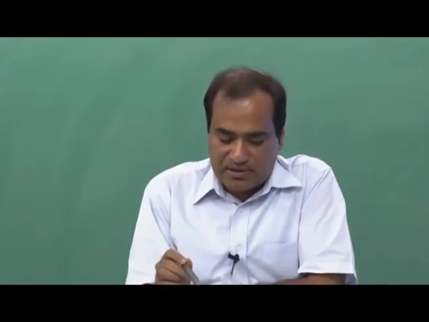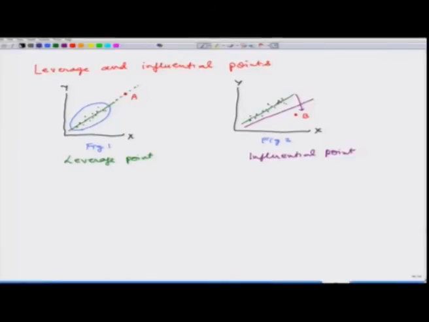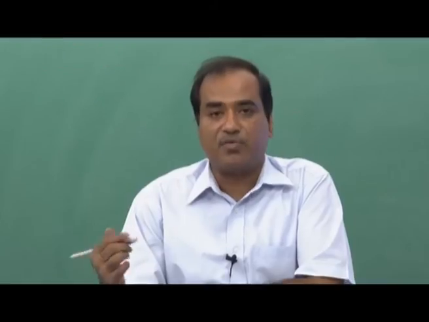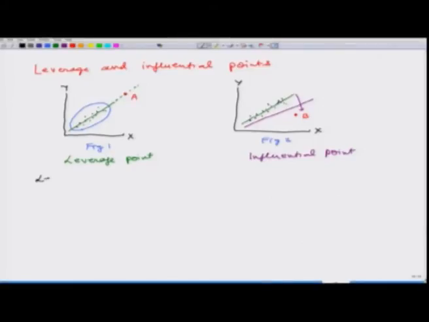So, we are going to discuss several diagnostics here. Possibly they will help us in diagnosing whether a point is a leverage point or an influential point, and finally whether we want to retain it in our regression analysis or not. So, first of all we talk about the leverage point.